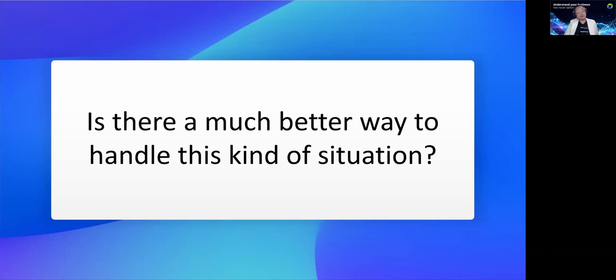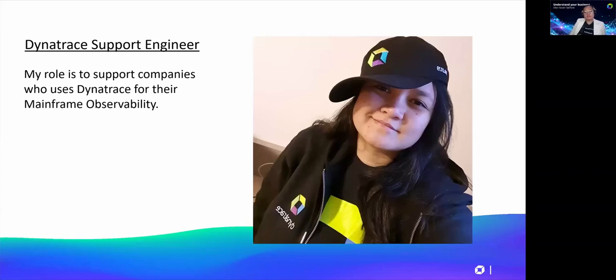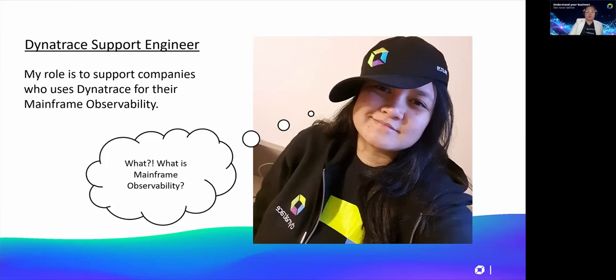So I thought about this back then, and fast forward, I joined Dynatrace as a support engineer, and my role in Dynatrace is actually to support companies who use Dynatrace for their mainframe observability. So first of all, I have a question in my head. What is mainframe observability? I have no idea what it is.